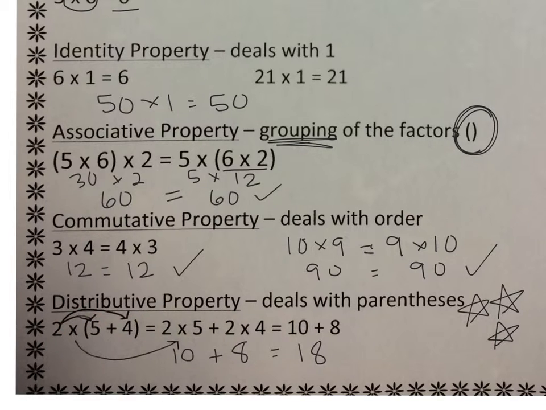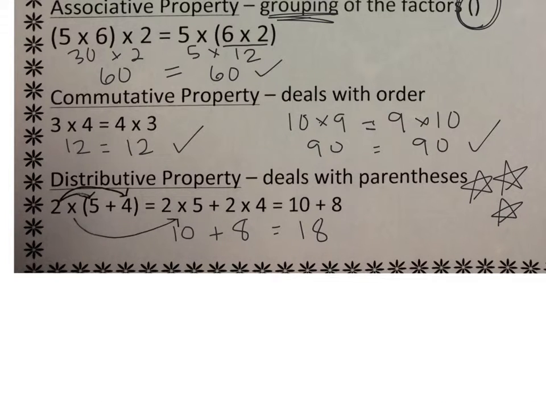Let me show you what it's like, just a glimpse into algebra. The most common way to use this is if I had a 3 on the outside of parentheses and it was an x plus, let's say, 5 inside the parentheses. So I can't do anything to solve this because I don't know what x is. Nobody gave it to me and I don't know. So I would have to distribute the 3 times the x. That's 3 x's.